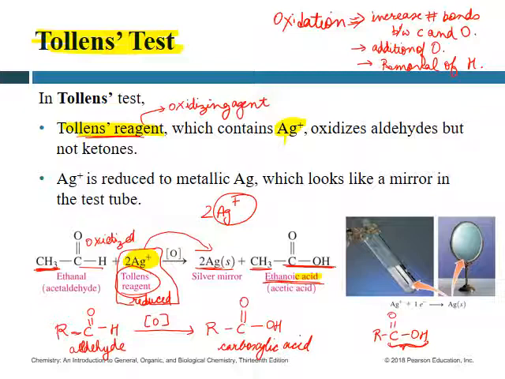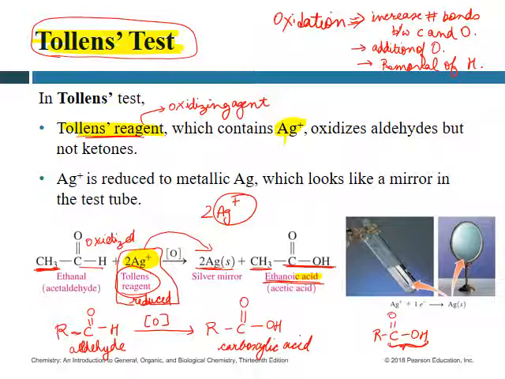So if you add aldehyde into the silver ion, it will reduce silver to convert it into silver metal, and therefore a shiny metal will start depositing in the container. So this tells you that an aldehyde is present in the solution. So this is a very commonly used test to identify or detect presence of aldehydes.